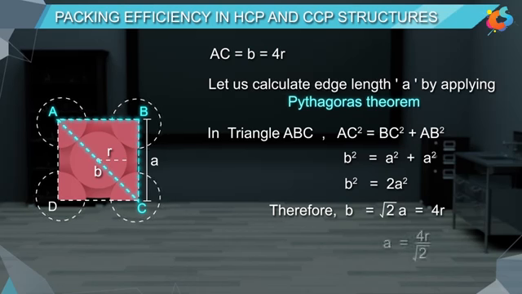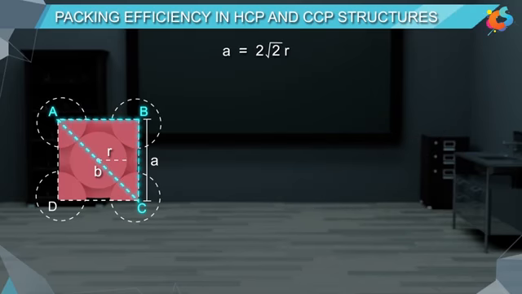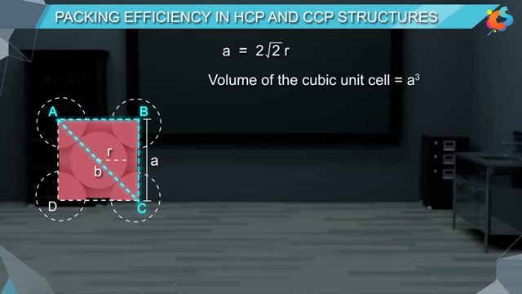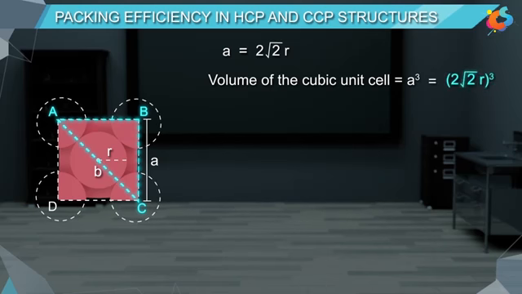Therefore, a is equal to 4r/√2, which is equal to 2√2 r. Volume of the cubic unit cell is equal to a³, which is equal to (2√2 r)³. We know that each unit cell in face-centered unit cell or CCP structures has 4 spheres or atoms.